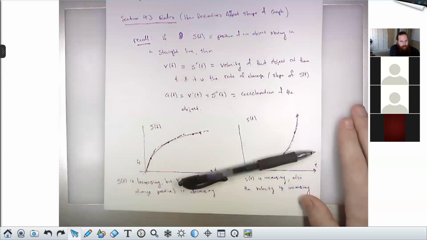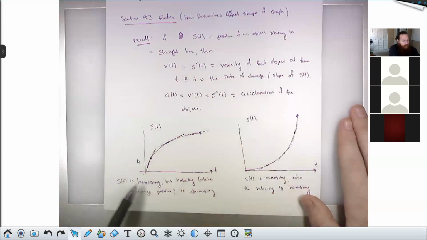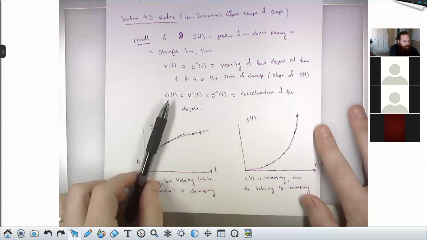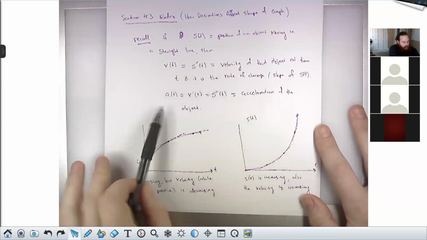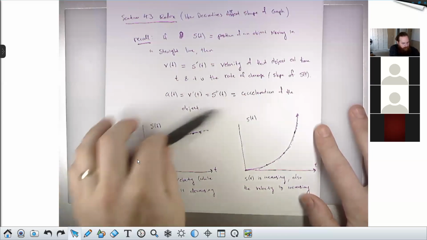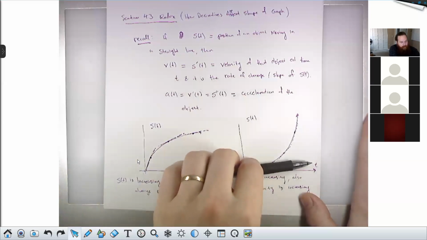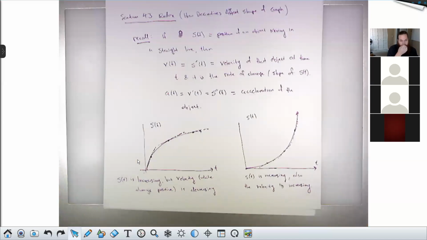Here I start off going quite slowly, but I'm speeding up. In both cases, the car is moving down the street, so s is increasing. But in the one case, the velocity is getting smaller, so I'm hitting the brake. I'm already moving here, and I'm hitting the brake, so I start to slow down. Here, I'm starting off going very slow, and I'm standing on the gas to go faster and faster.